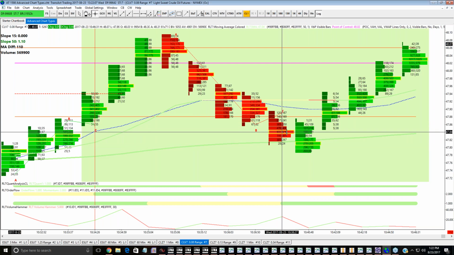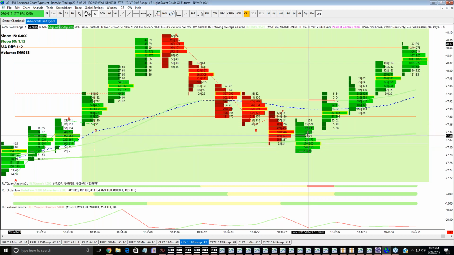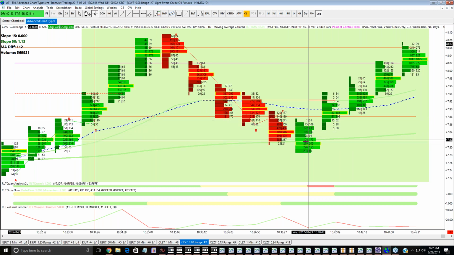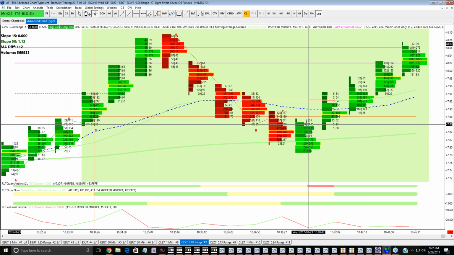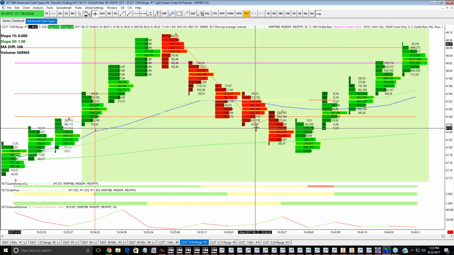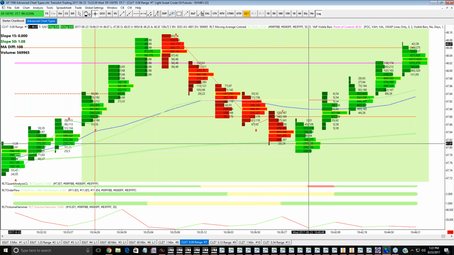control. Now, optimally, on a long trade, you want to see more volume above the point of control. You want to see intense buying above or intense selling below the point of control of the candle to take a short trade. And you see the advantage it gave us here.